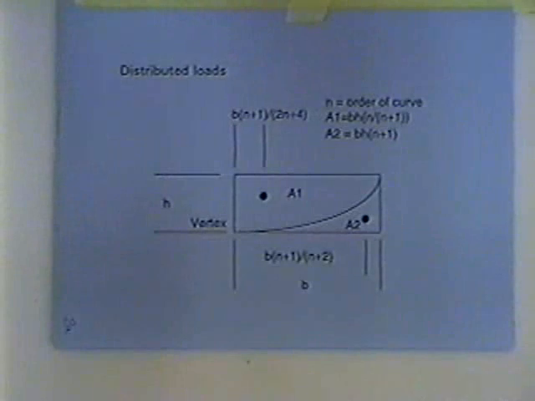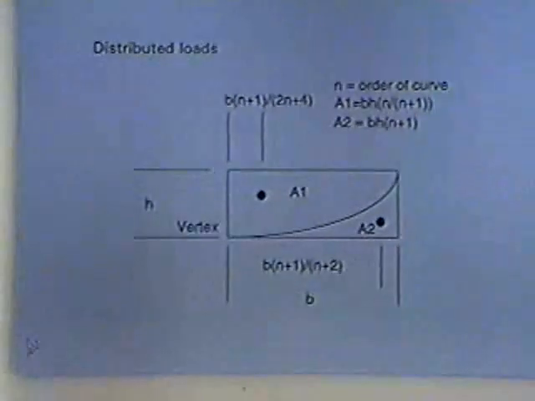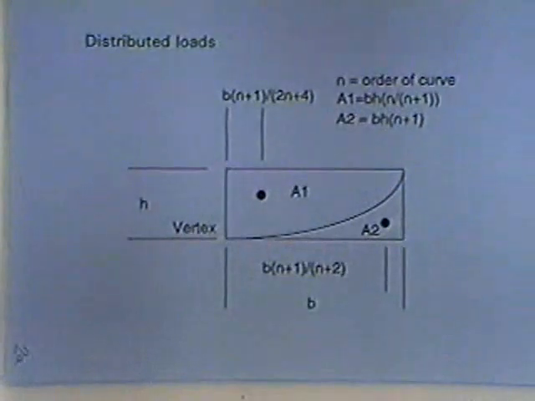First off, centroids of loads or centroids of areas. Centroid of a triangle, 1/3 base height. Centroid of a rectangle, centroid of a triangle, 1/3 the base. Centroid of a rectangle, half the base.